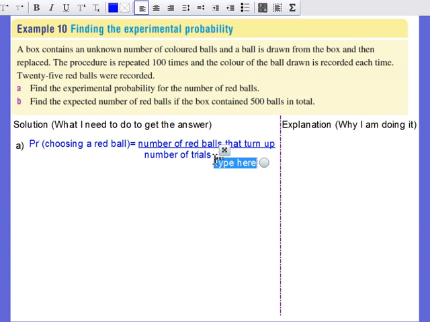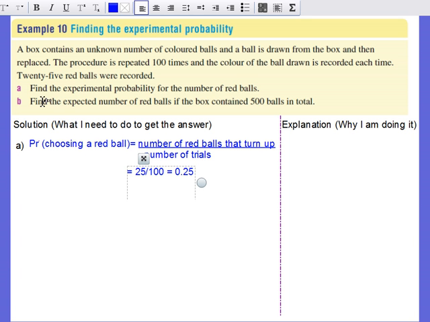We can see that the number of red balls is equal to 25, and we divide that by the number of trials, which is 100. Or, in other words, the probability of a red ball is 0.25 or 25%. Okay, that's a pretty straightforward example.